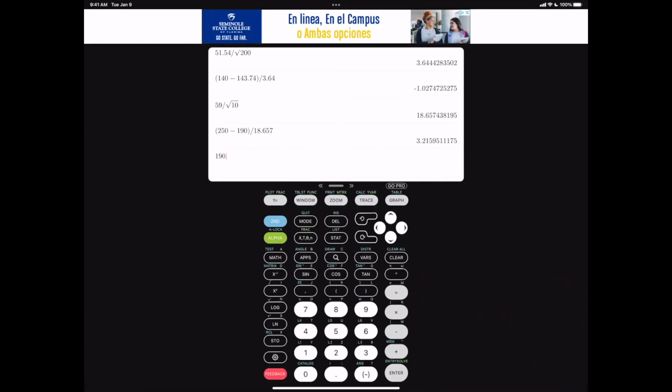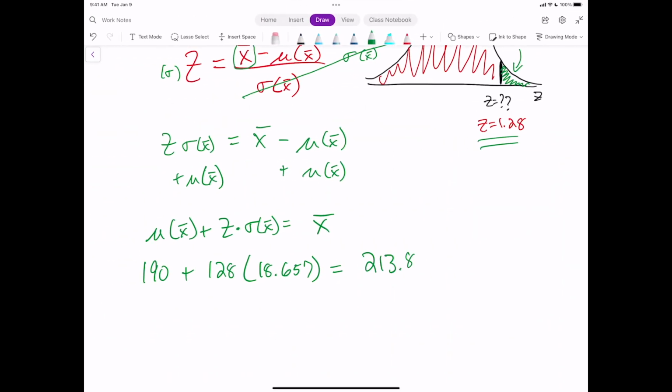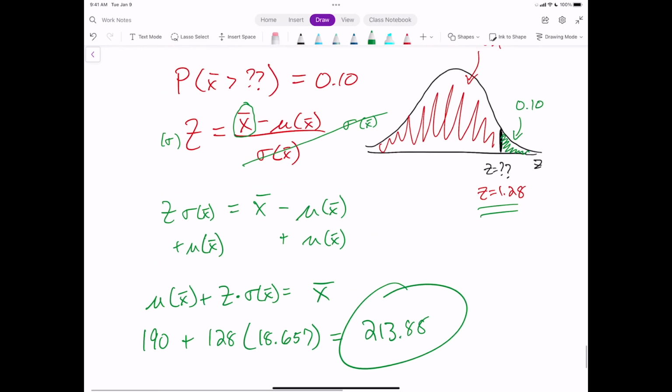So 190 plus 1.28 times 18.657, that's 213.88. So what this means is that as we conduct this experiment a bunch of times, only 10% of those times will we have a sample mean weight of those 10 men being more than 213.88 pounds.